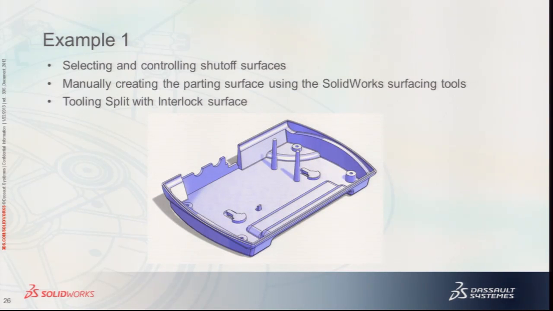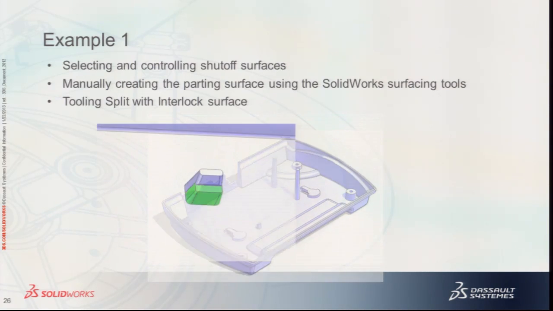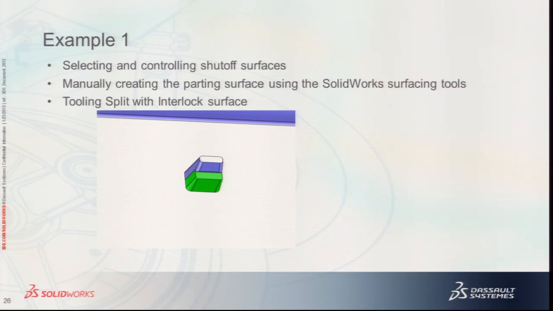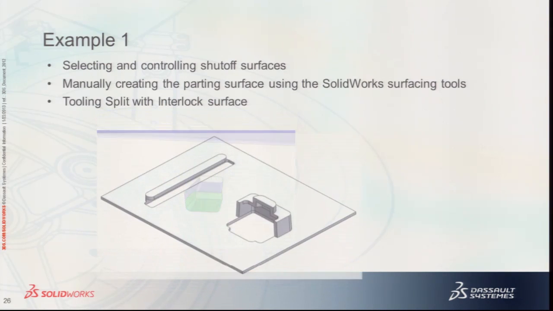So this is something I made for someone a few years ago. I modified it so it doesn't look exactly like their part, but some of the same features are on it. And you can see we got a little clip right there that sort of has an undercut where you build up material to clip onto something, and also some foam or wall mount geometry. This is sort of the close-up of that and how that shut-off tool works.